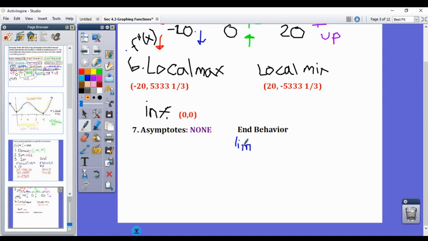So the limit as x goes to infinity and the limit as x goes to negative infinity.